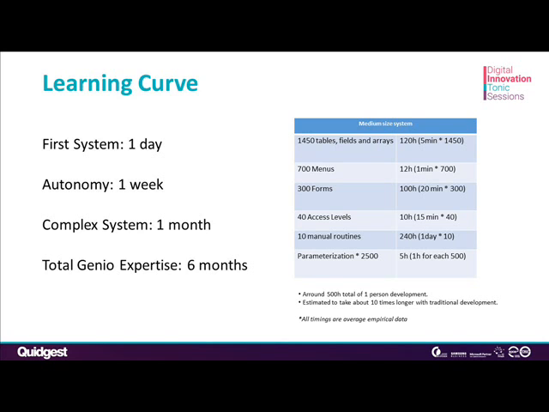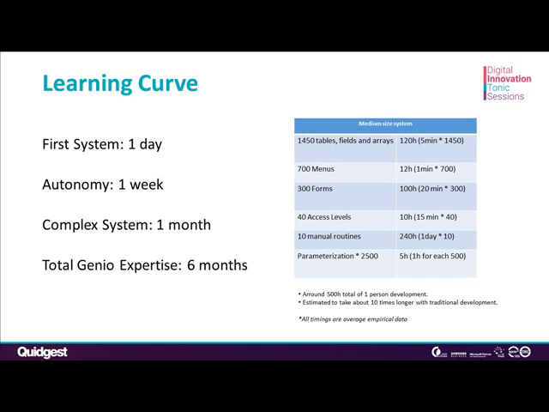To do a complex system, it usually takes a month to learn, and to be a true Genio expert, at least 6 months. And here we were talking about numbers on a medium-sized system. It takes around 500 hours for a person by themselves to develop a full medium-sized system.